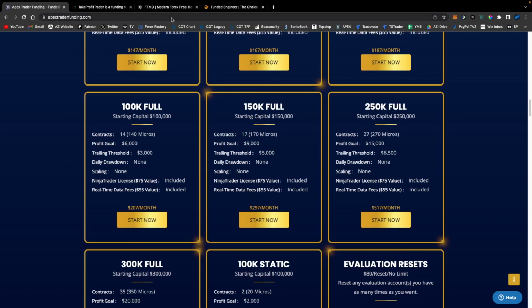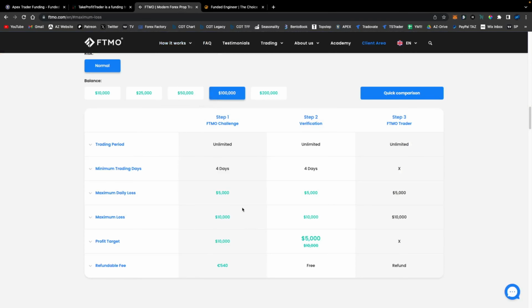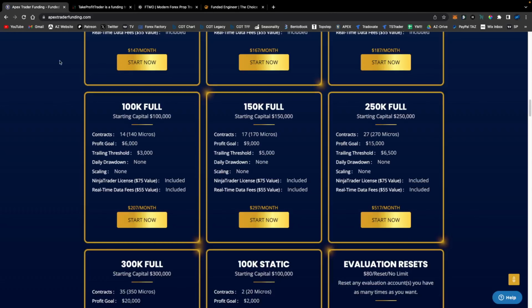Comparing that to the ease of mind that you have with a CFD firm, you're 1% away from your 10% target, but theoretically at that point in time, you're able to lose 19% of your account. So it's much harder to fail once you get so close to your profit target, comparing it to the futures funding account where you are only able to lose 3%. 19% compared to 3% at all times.